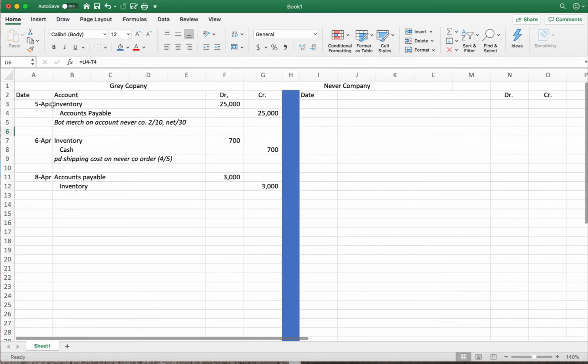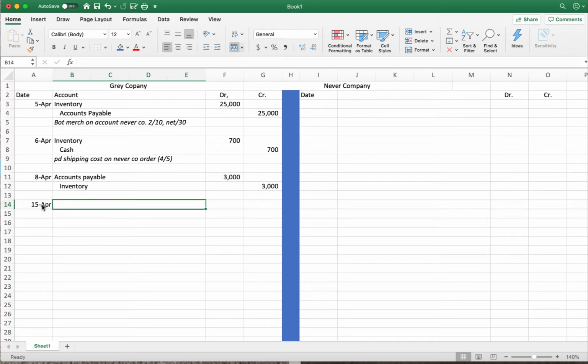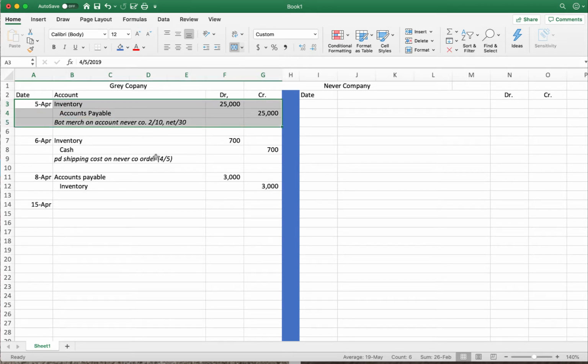Let's go back to Gray Company and let's look at what happens on 4/15. On 4/15, we pay our invoice. But remember, what we booked right here on April 5th says that we bought merchandise on account from the Never Company, 2/10 net 30. Am I within my discount period? Yes, I am.